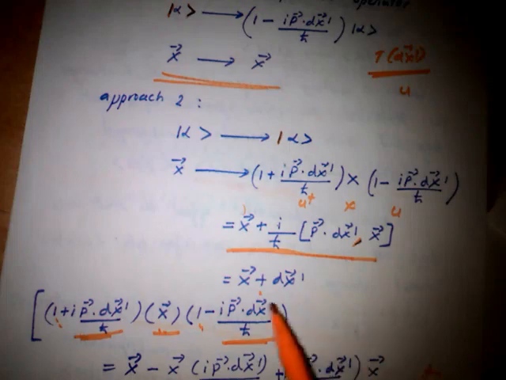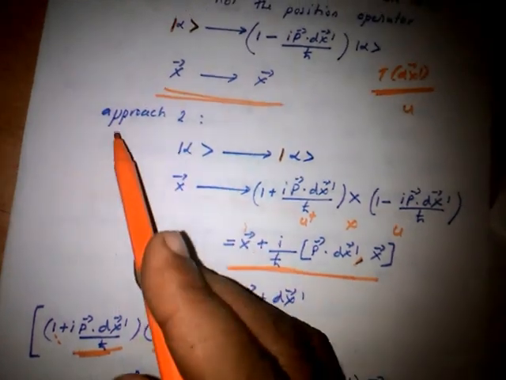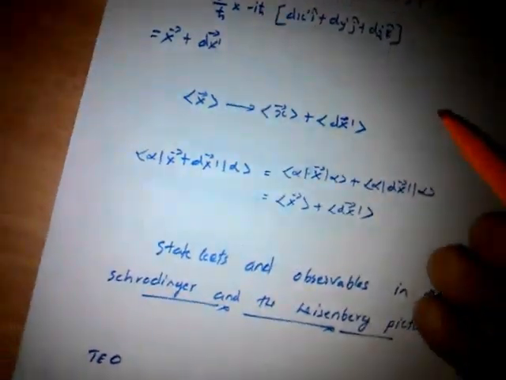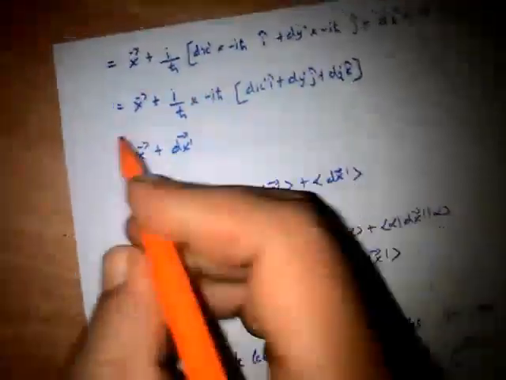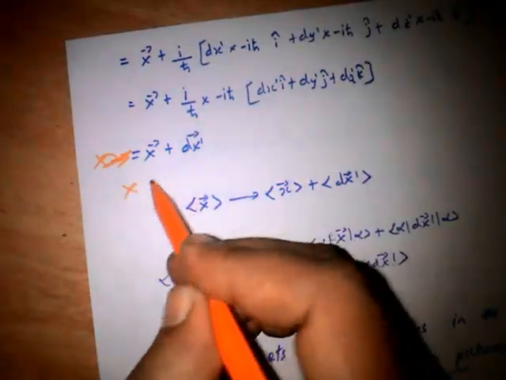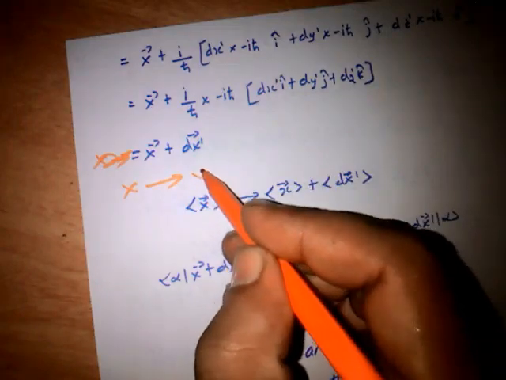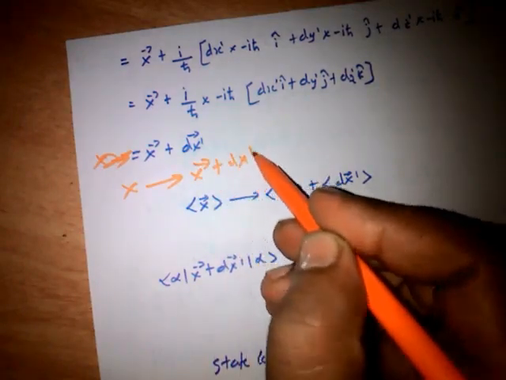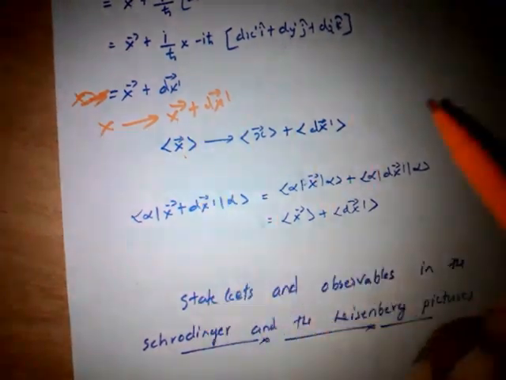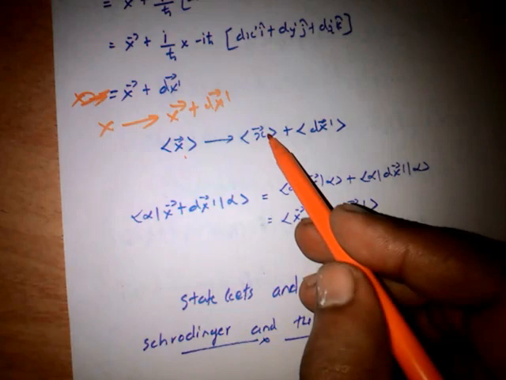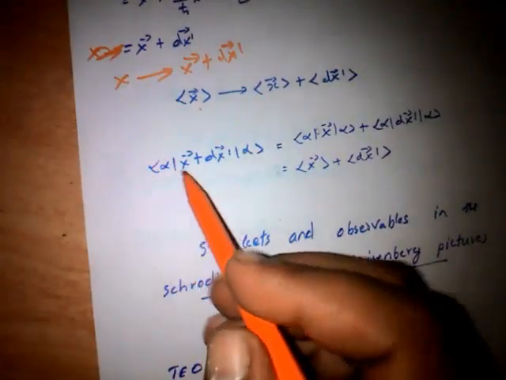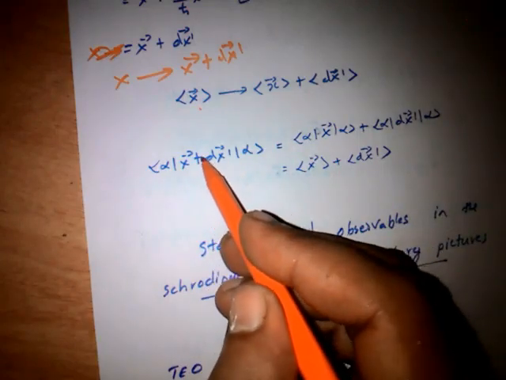Here the operator is changing by approach 2 that I have derived here. The operator x is changing into x plus dx dash by approach 2, and the expectation value of this operator x will change into the expectation value of x plus dx dash.